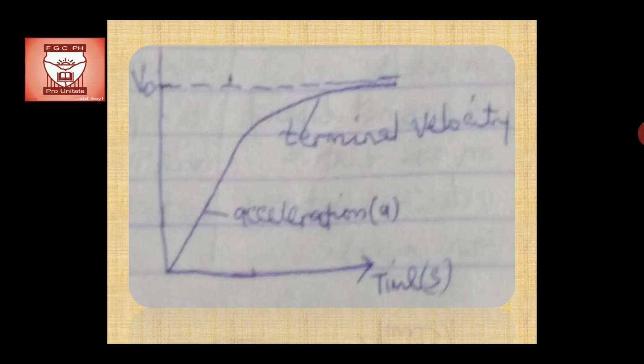Look at that graph, the graph of velocity against time. It is there we have that terminal velocity. You can see from the beginning, from the origin, the object was moving with that acceleration a, and at a uniform velocity it curved, and that is where we have that terminal velocity.